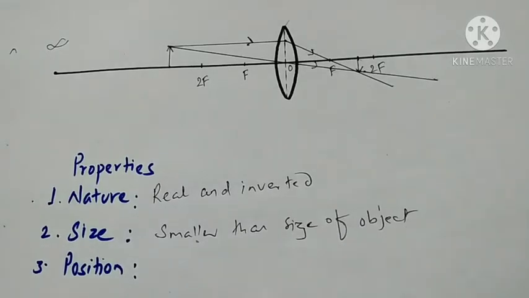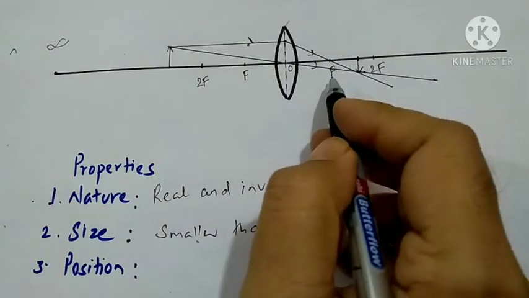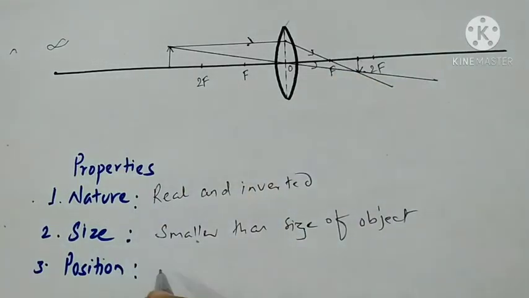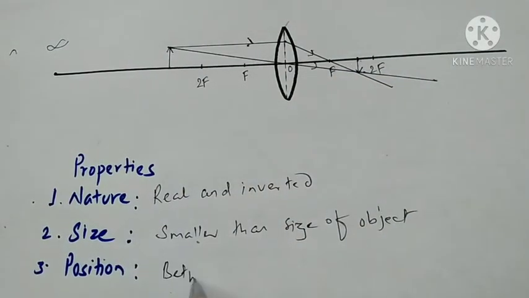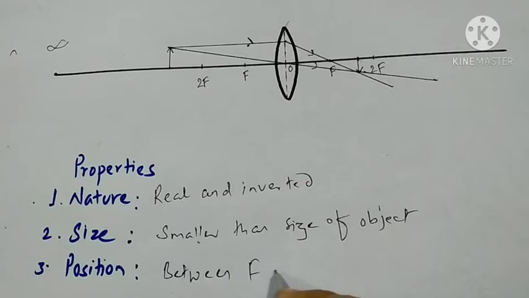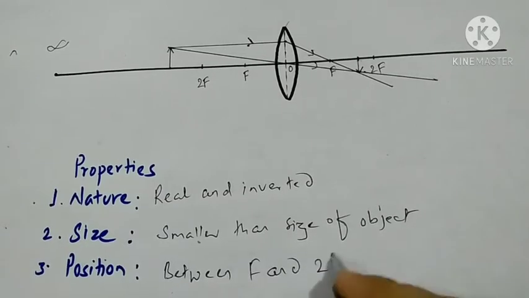So what is the position then? The position of the image is formed between focus and 2f, between f and 2f.